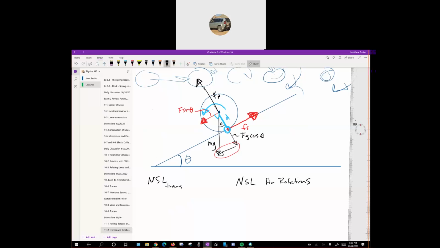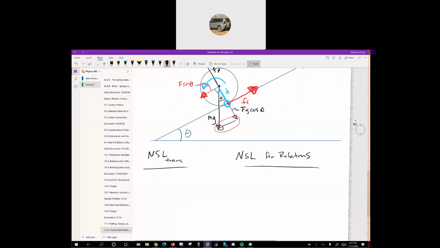Okay, so what do we get? Keep the picture up. Well, we found out before that really only the components in the direction of the plane are going to give us information about the motion. We need the perpendicular components to figure out the frictional force. But what do we get? We have some frictional force acting up the plane.